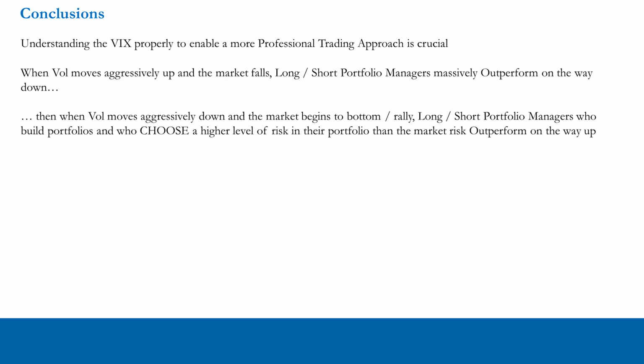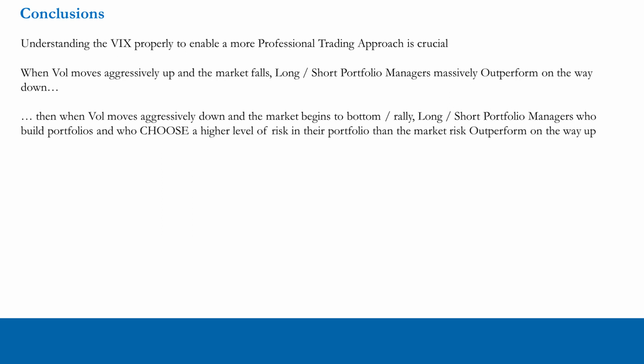In terms of further conclusions, understanding the VIX properly to take a more professional approach is absolutely crucial. When volatility moves up aggressively and the market falls, long-short portfolio managers massively outperform on the way down. It's our job to do so. We are absolute return. We want to make money when the market goes down.